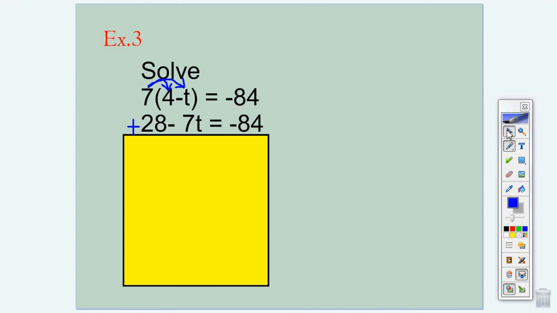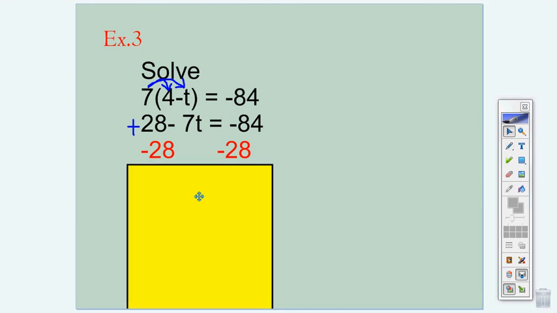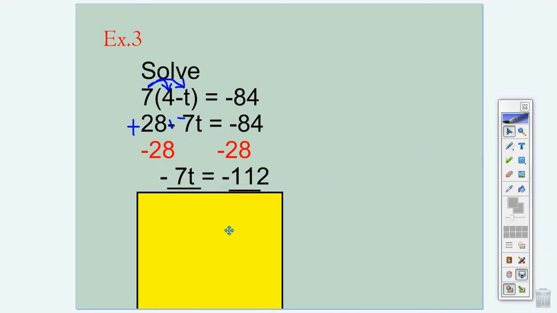Therefore, I'm going to subtract 28 on both sides. And there's another thing I need to be very cautious of. What's left on the left side? Negative 7t drops down.